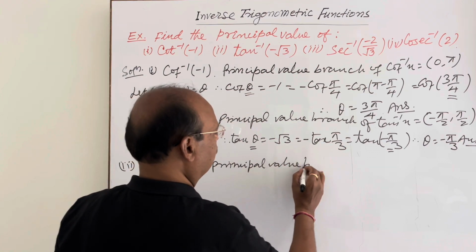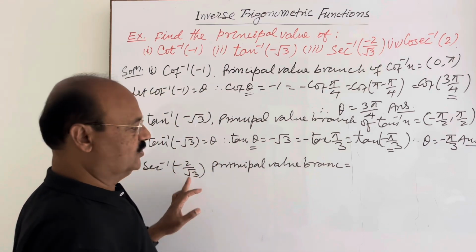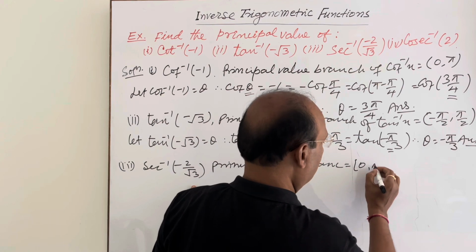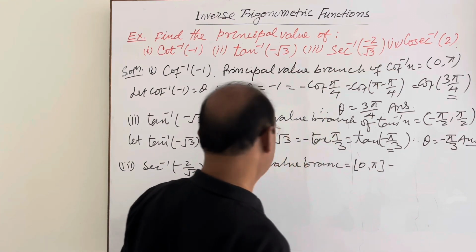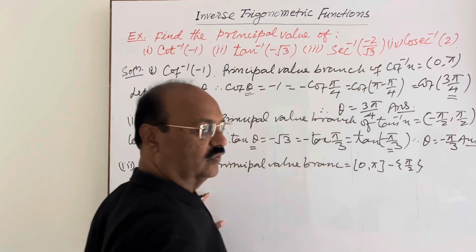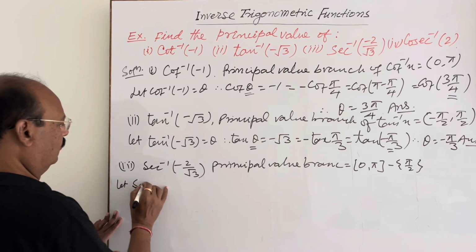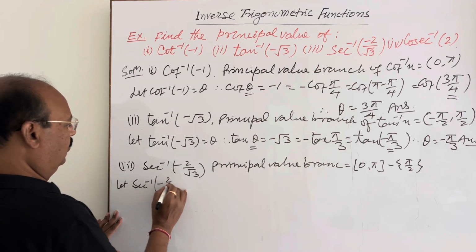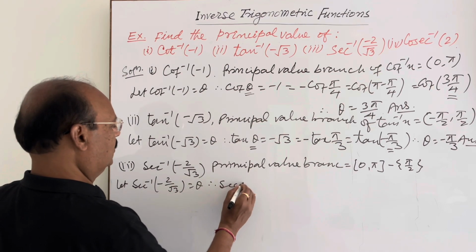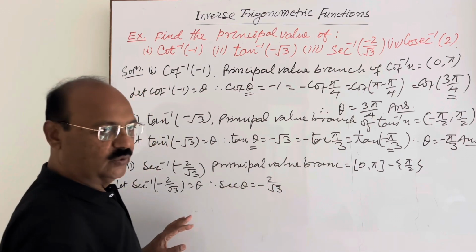The principal value branch of sec inverse is 0 to pi minus the element pi by 2. Correct? So let us take sec inverse of -2/√3 is equal to theta, and therefore sec theta is equal to -2/√3.